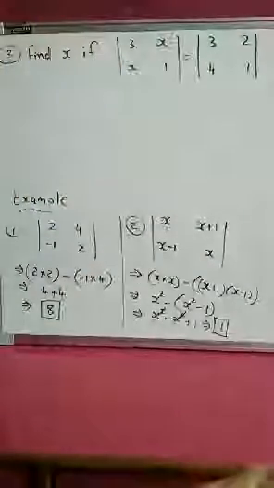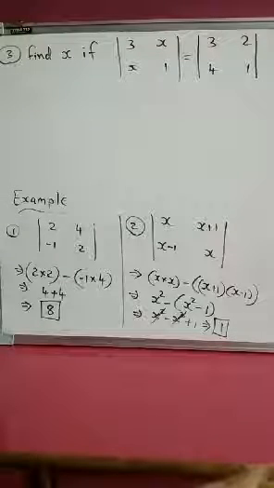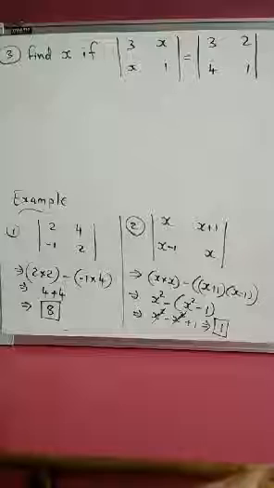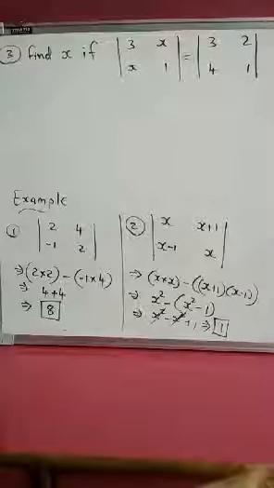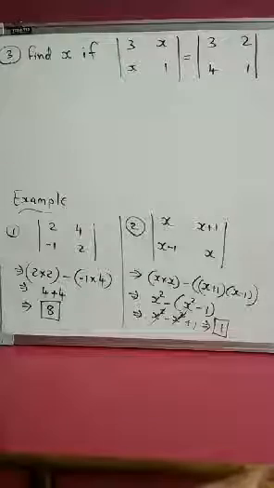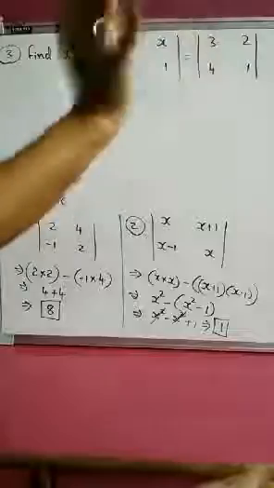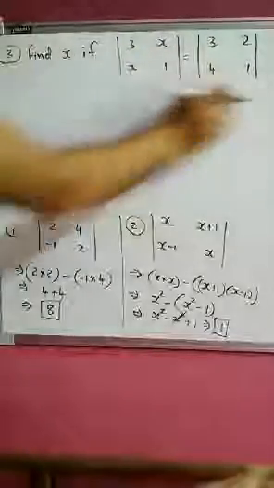This type of question will be there in your exercise, right? Suppose we want to find the value of x. If two determinants are given and they are equal, how do we find the value of x? Here we have to find x.